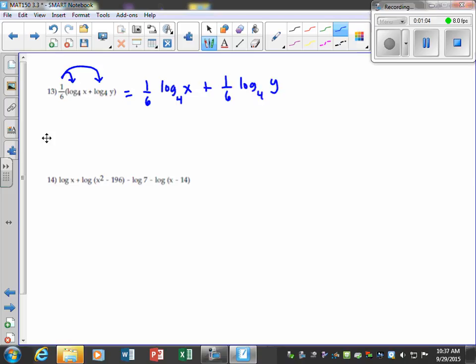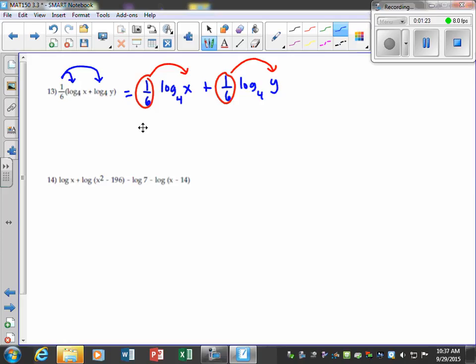Okay, we see that the log base 4 is the same and the log base 4 is the same, so we know we're going to be able to condense these further, but we want to make our coefficients 1. So what can we do about this 1/6? Use the power rule to move it as an exponent. Good.